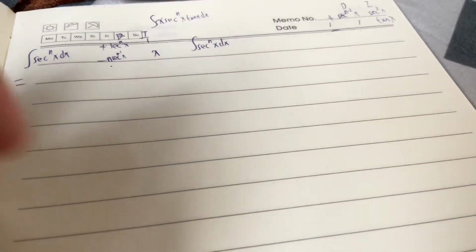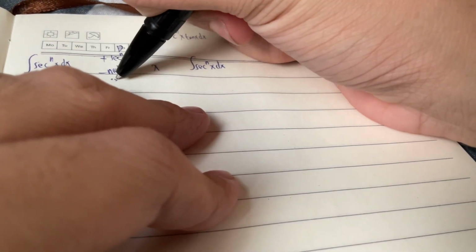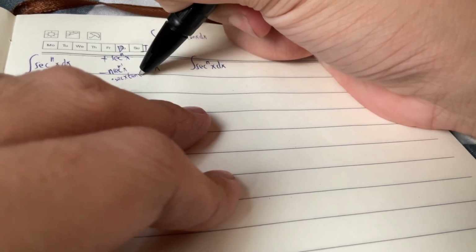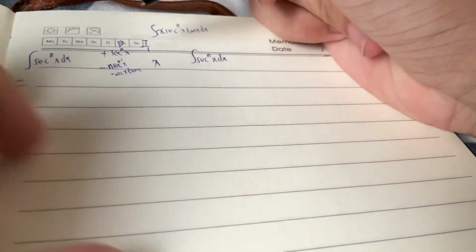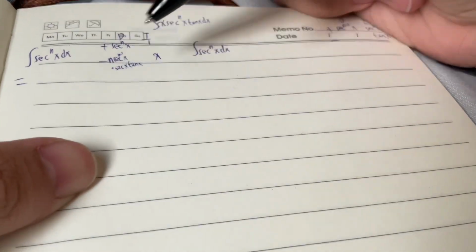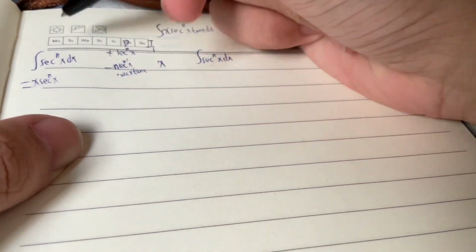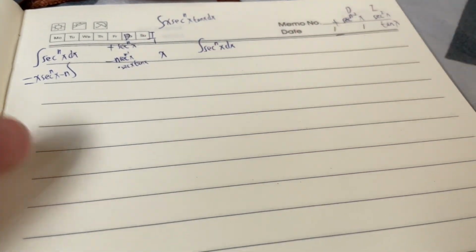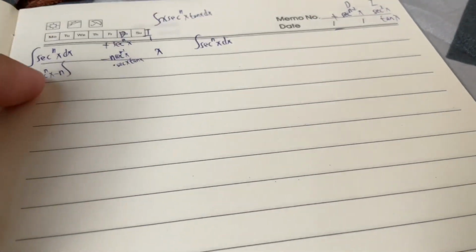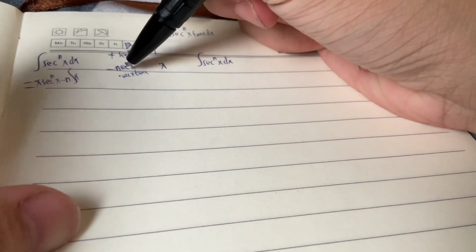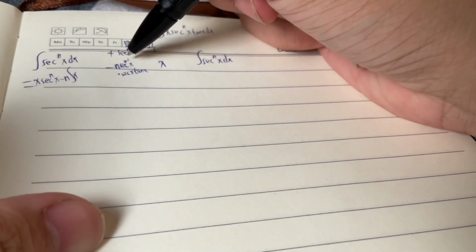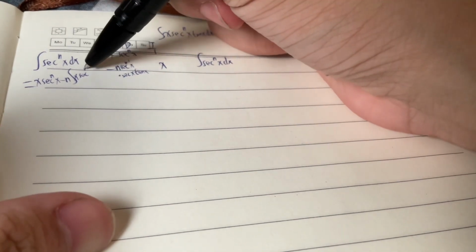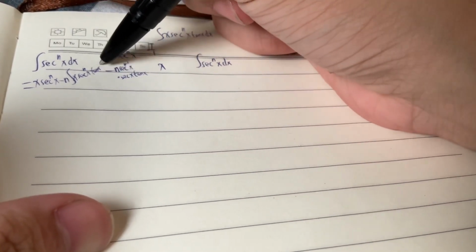So multiply by secant x tangent x, because the derivative of secant x is secant x tangent x. So this becomes x times secant power of nx, minus the integral of this. n is a constant, so you can put it outside the integral. So minus n times the integral of x times secant power of n, times this. Just add the power up, you get secant power of nx tangent x. You see?